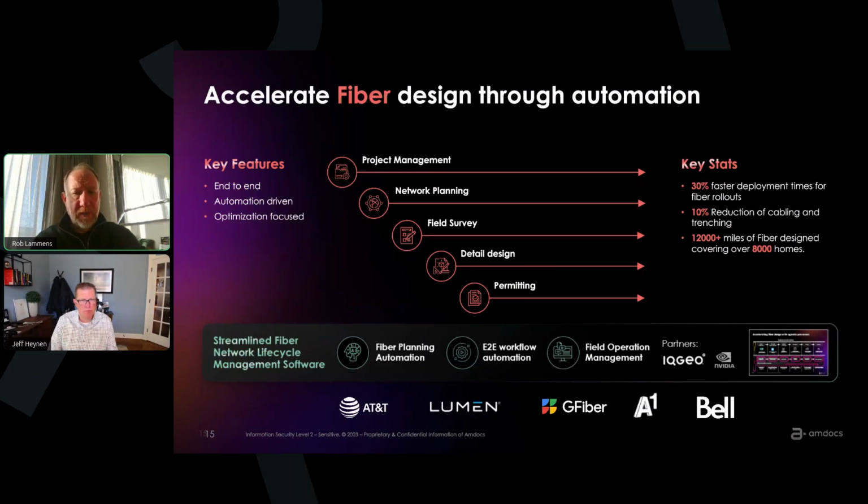We have partnerships through IQGeo, NVIDIA, and we think about AI and automation through a large data analytics system that allows us to take multiple disparate areas of data, such as right-of-way information and municipality zoning and utility, and through an AI-driven heavy data analytics platform that we're currently working on, we can take a lot of that data and ingest it and do route optimization based on how we believe the most efficient design can go through an urban landscape or a rural landscape to avoid utility overlay, to avoid right-of-way easement problems that we'd be in the wrong space for.